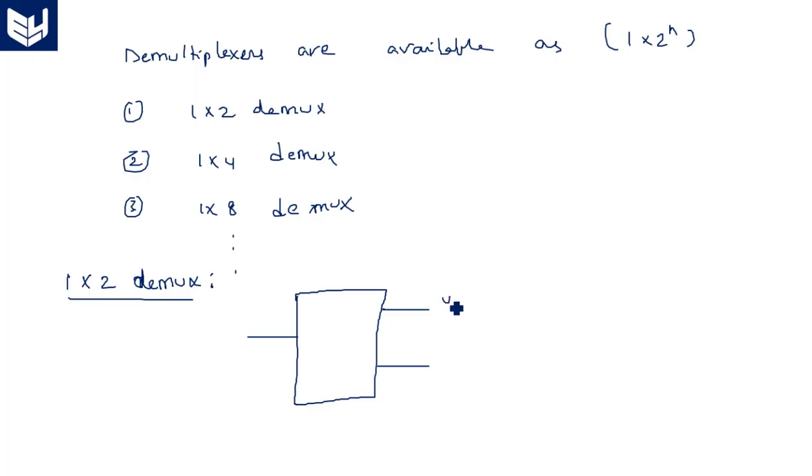So two outputs are represented by y0, y1, and input I, or we can say data D, and it is having one selection line S. If S is equal to 0, then this data will be connected to y0, and if S is equal to 1, then this data D will be connected to y1. Okay, so we will see the truth table also.